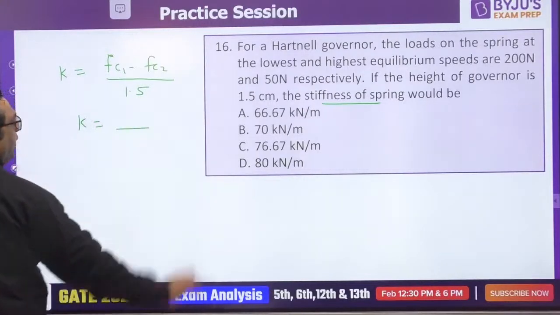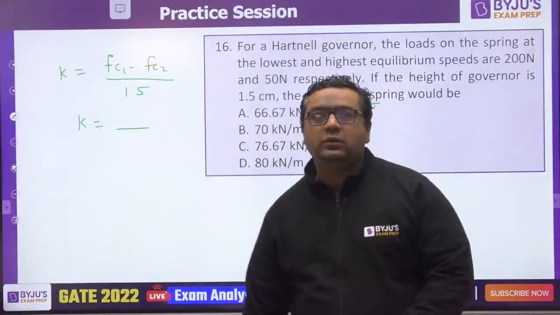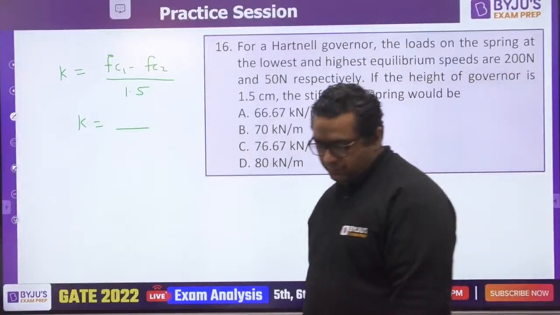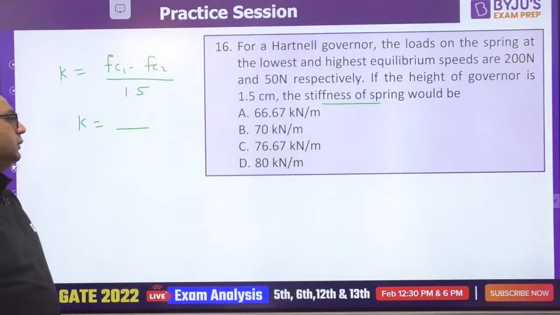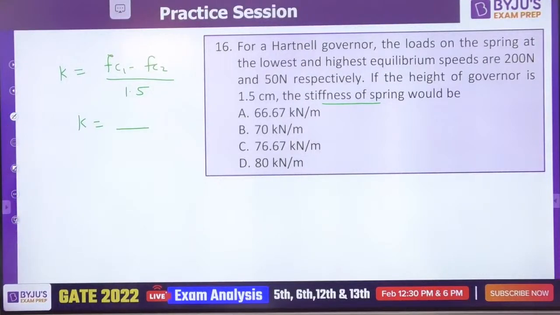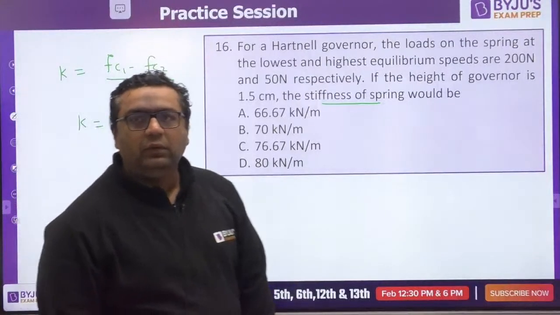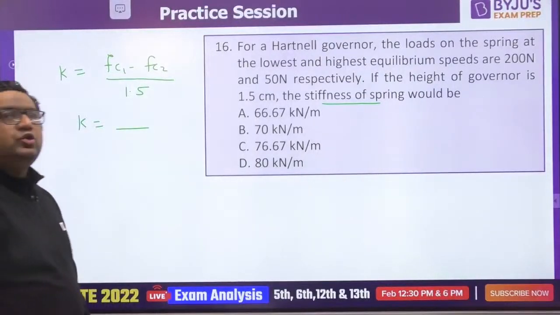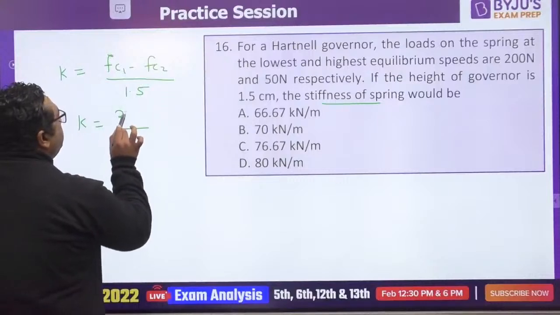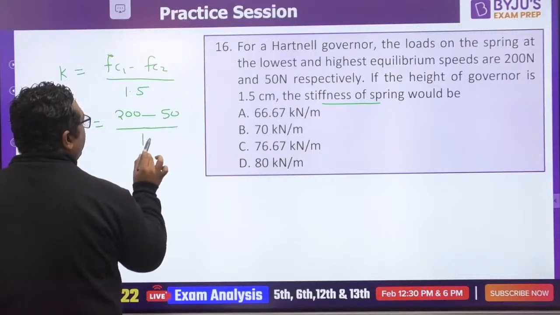This will give you the value of K. Okay, it should be actually 200 minus 50 upon 1.5.